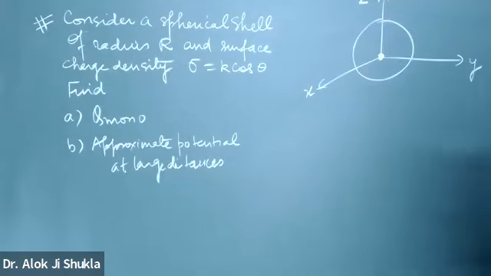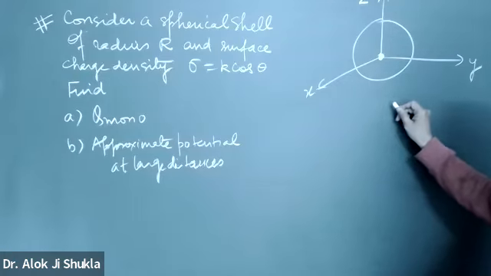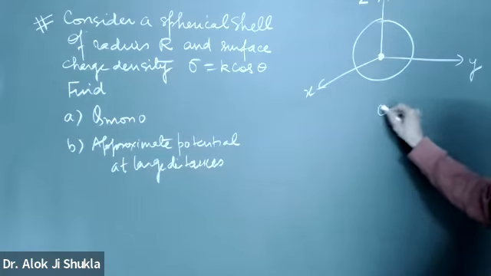Okay, the charge density is depending on theta. So that means theta varies from where to where? Theta varies from 0 to pi.